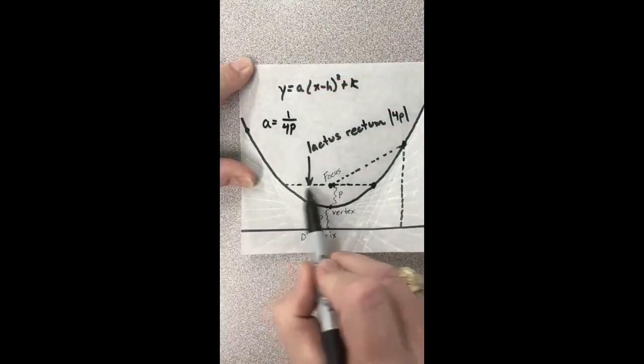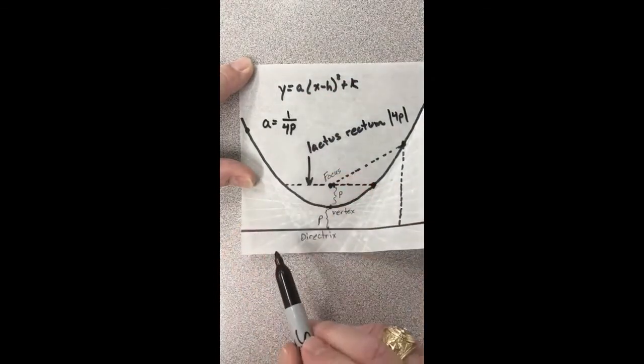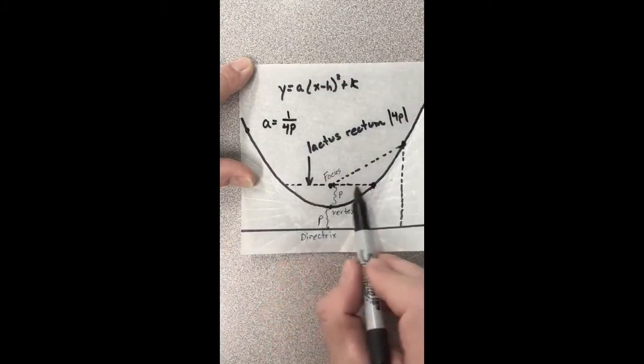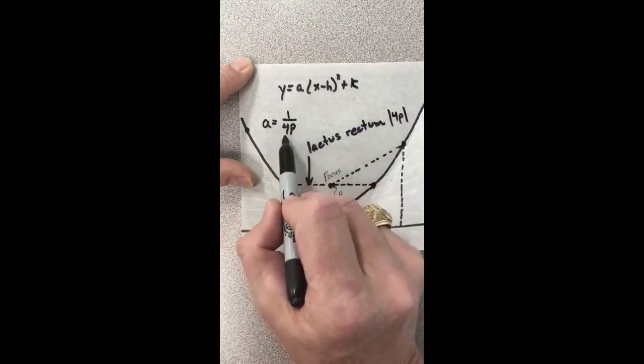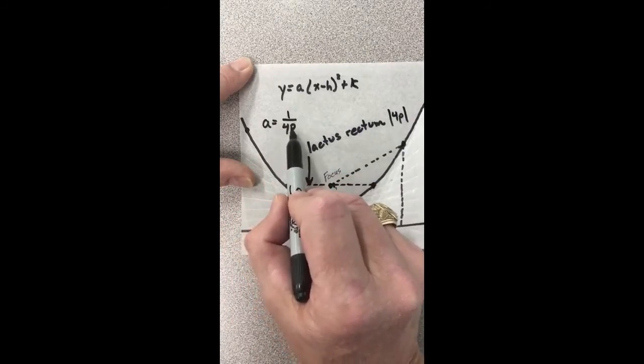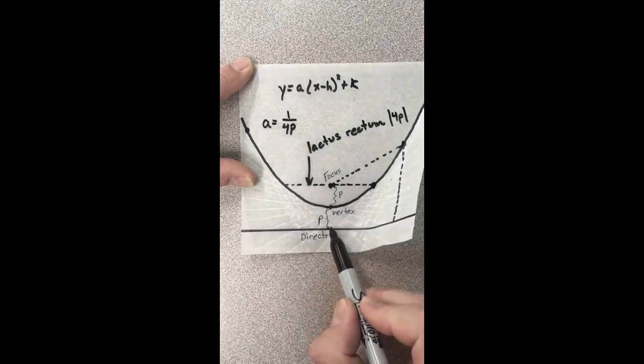And so if you know what the latus rectum is, a will be equal to 1 over that length. So if the latus rectum has a length of 12, then a would equal 1 over 12, and your p-value would be 3, which would be from here to here would be 3, and from here to here would also be 3.